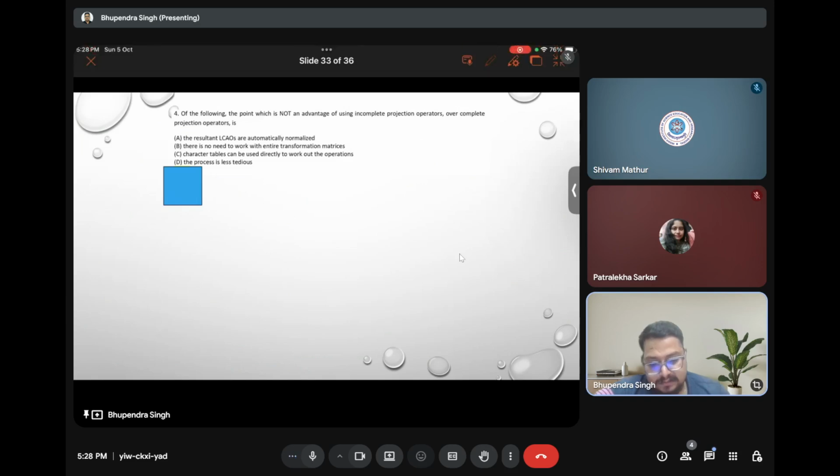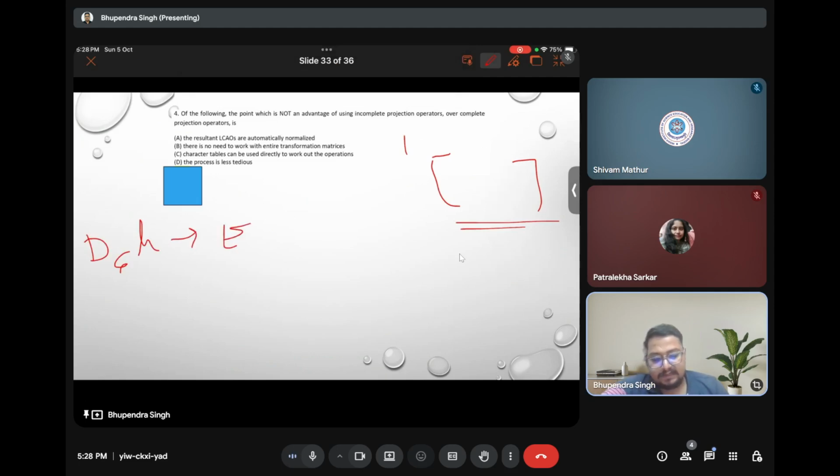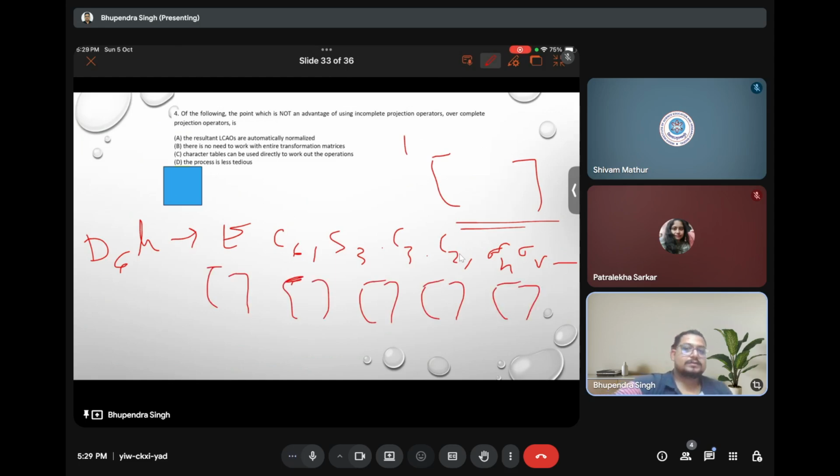If it is the complete transformation matrix, the complete projection operator, then for all, let's say the point group is D6h, the symmetry elements E, C6, S3, C3, C2, sigma h, sigma v, and so on, we have transformation matrices. If the order is high, then for all the operations you have to solve to find out the reducible representation and other things.